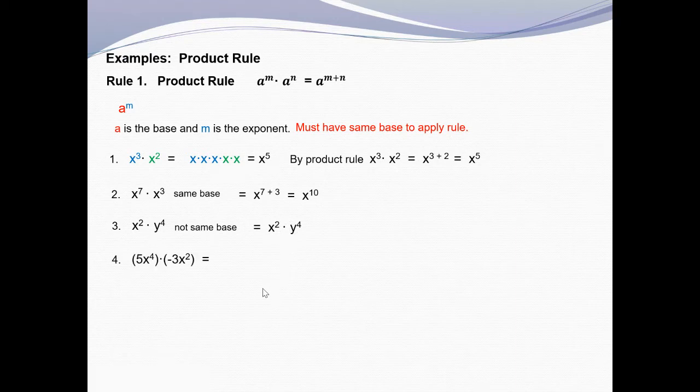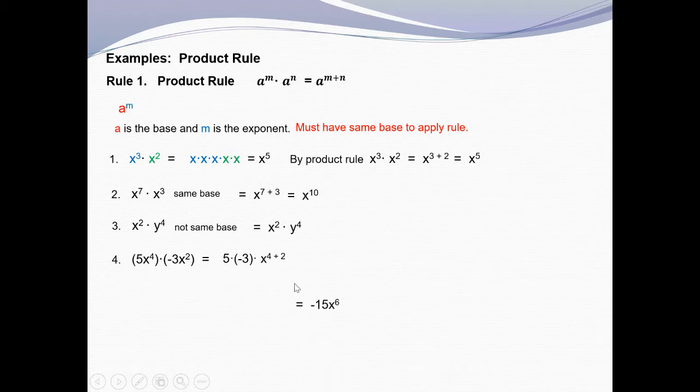Now they're going to get a little bit more challenging, but they're not as hard as they seem. For example, if you have parentheses 5x to the 4th, close parentheses, times open parentheses, negative 3x squared, close parentheses. We're going to multiply the coefficients. These numbers in front are called the coefficients. So we're going to multiply 5 times -3, and then the x's have the same base, so we're going to apply the rule on the variables, which are the x's.